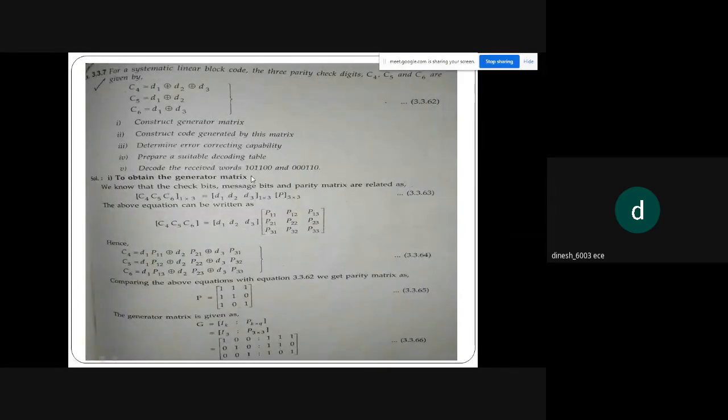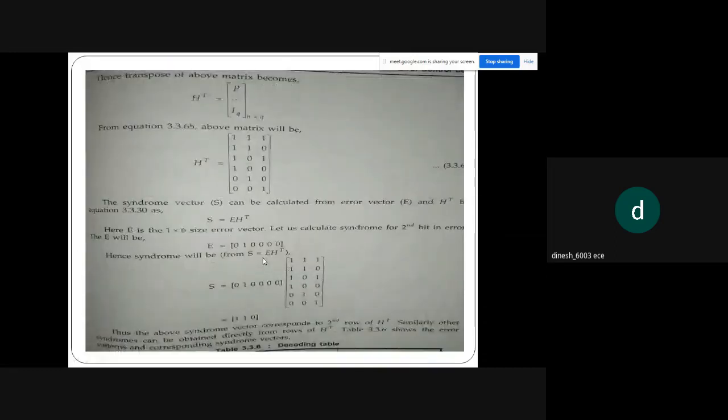We consider that the error is present in the second bit. So in the error vector, write 1 in the second bit, remaining all 0.